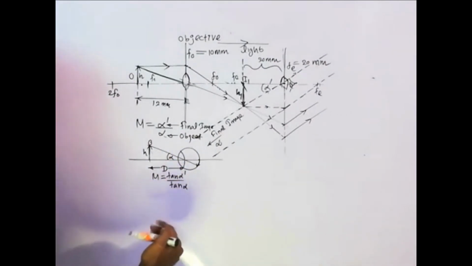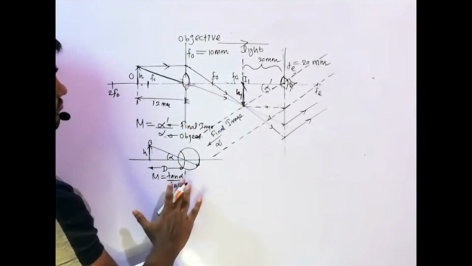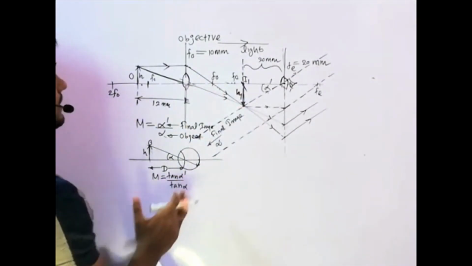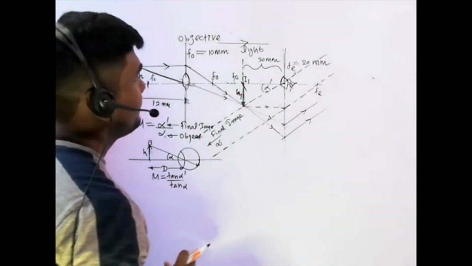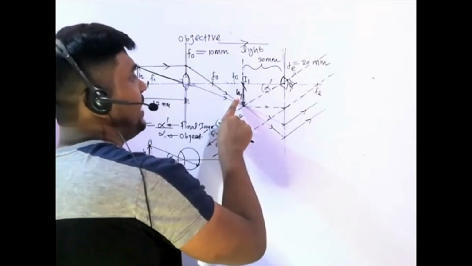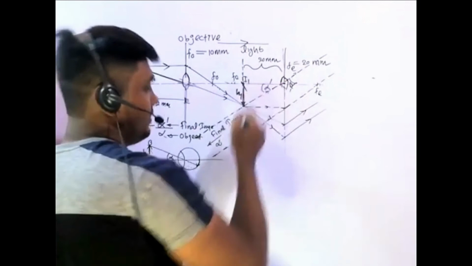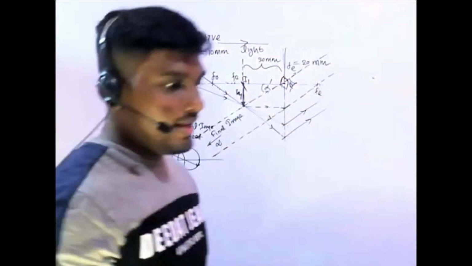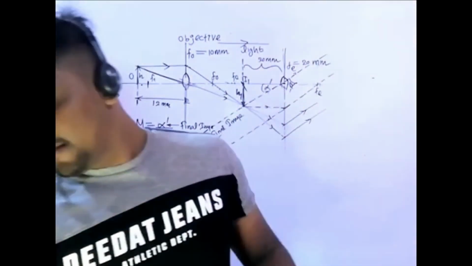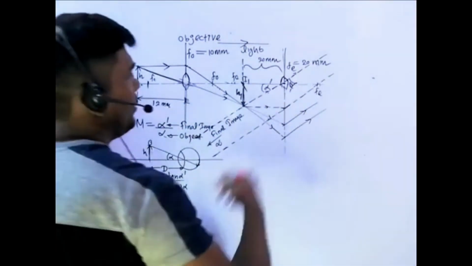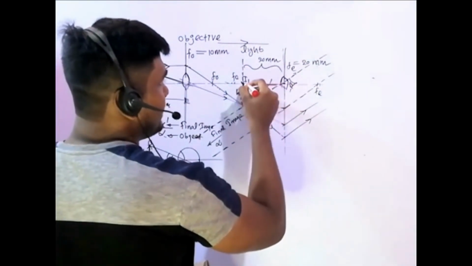Now, using this diagram and geometry, we write these in other terms. Tan alpha dash means what? Look at this triangle.